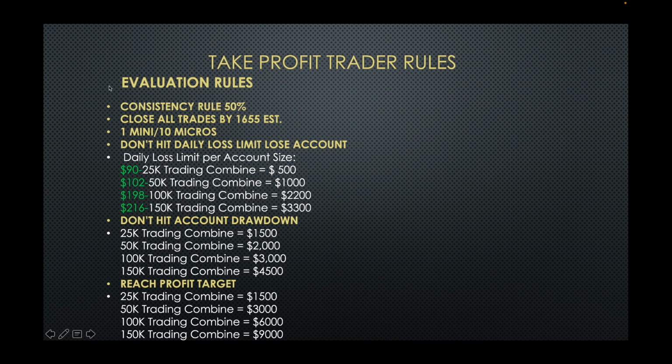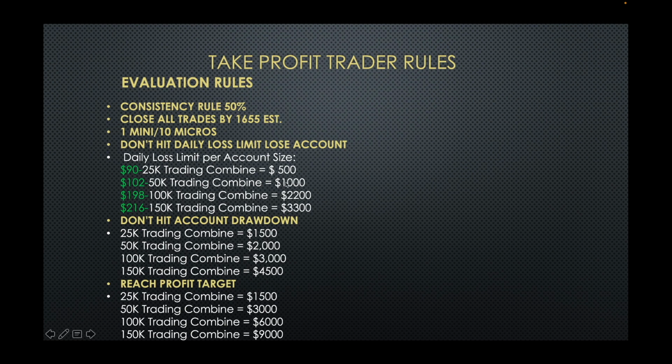Same thing, they have the 50% consistency rule as Top Step, except they do the 1 mini, 10 mini thing. Now, the difference between them and Top Step is they still have that daily loss limit, and if you hit their daily loss limit, you blow your account. So here's where I say it's the whole marketing scam where they say, okay, in a 50K account, you have $2,000 worth of drawdown.